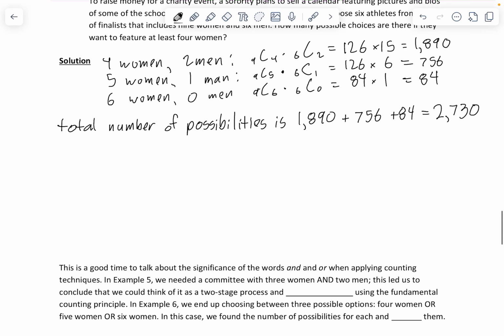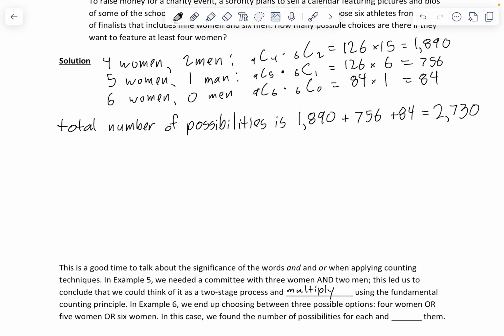This is a good time to talk about the significance of the words and or when applying counting techniques. In example 5, we needed a committee with 3 women and 2 men. This led us to conclude that we could think of it as a 2-stage process and multiply, which is really an application of the fundamental counting principle.